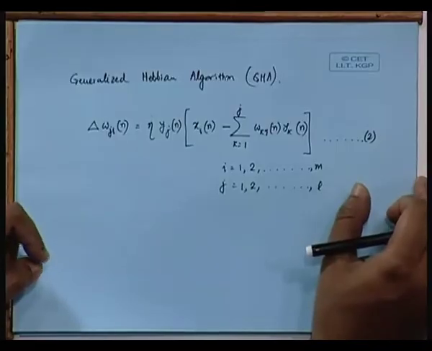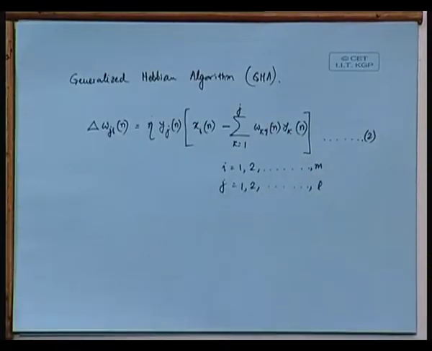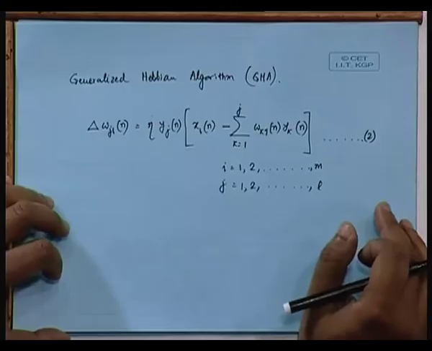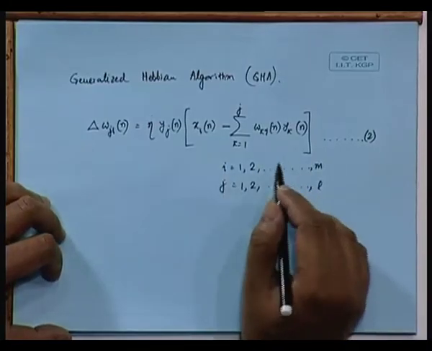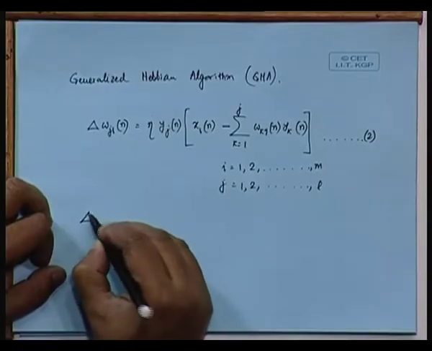This is the change of the synaptic weight that we are going to have, and we are just going to write it in a better form, in the sense that instead of writing it like this, let us write this equation number 2 in this way.